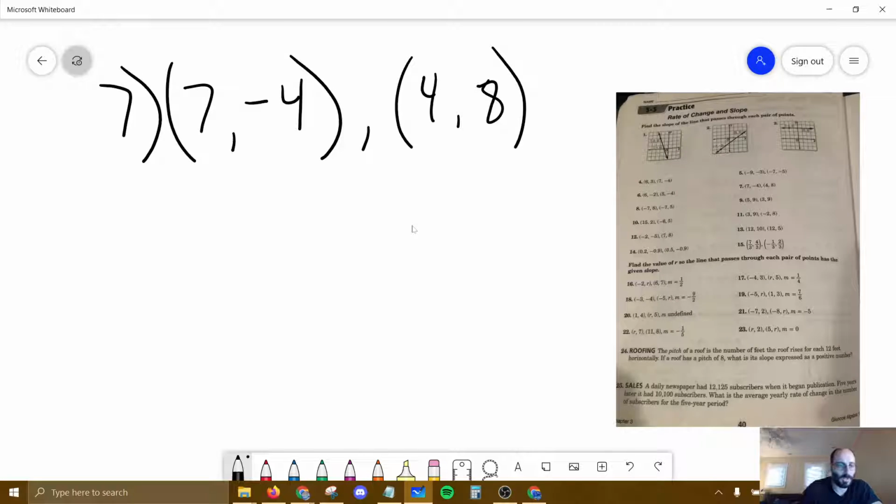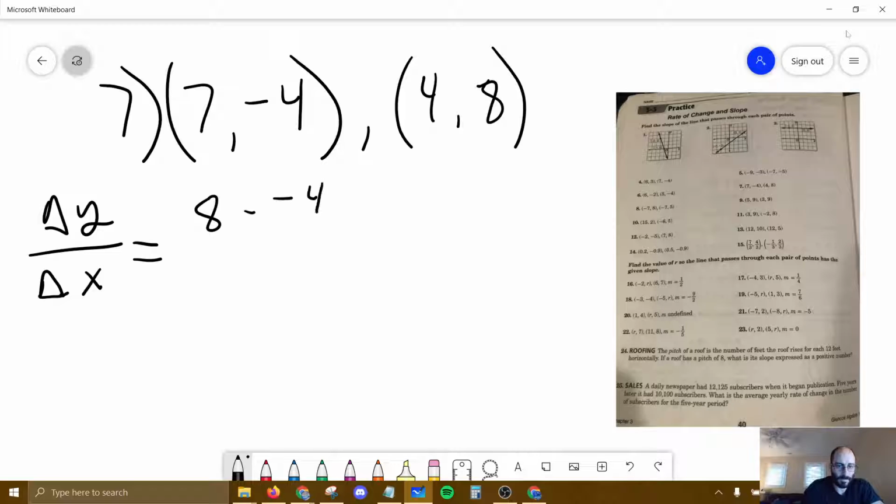I'm going to do change in y over change in x, and that's subtraction. So let's do 8 minus negative 4, because I did this y minus that y. And if I'm going to do it in that order, I have to do this x minus this x on the bottom. 4 minus 7.